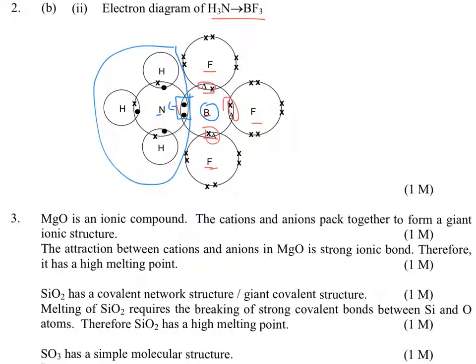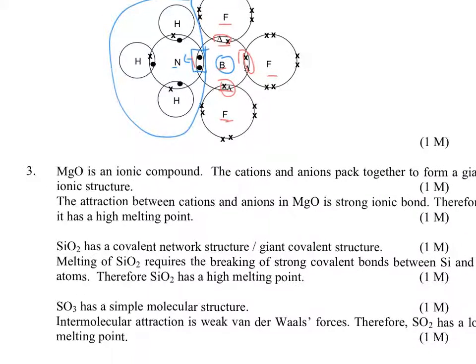Of course, the electrons will not have a different size or shape in the actual case, but we need to use a symbol to distinguish the dative covalent bond from the covalent bond in boron originally. So this is the electron diagram.